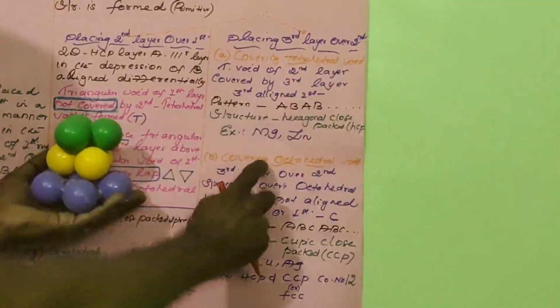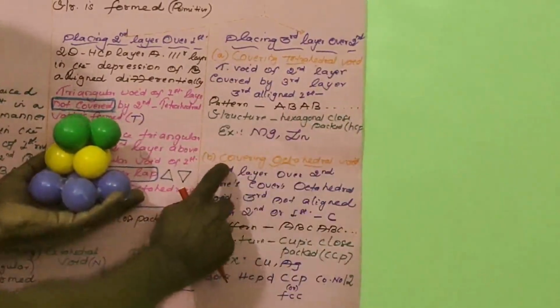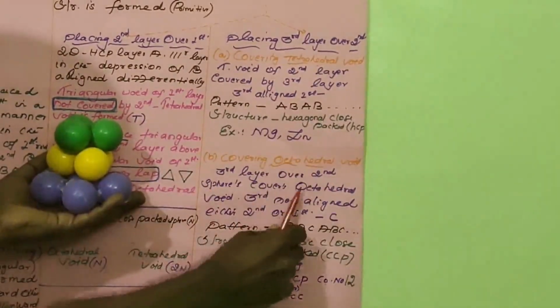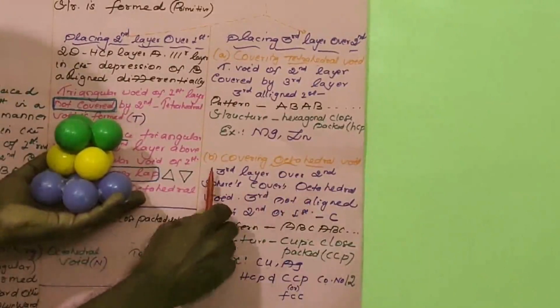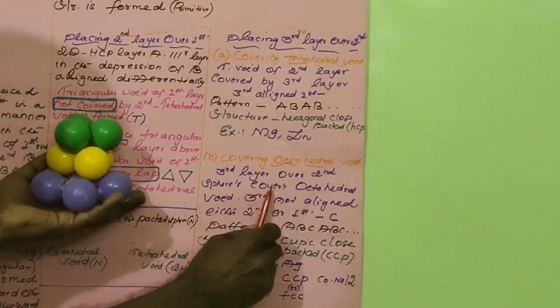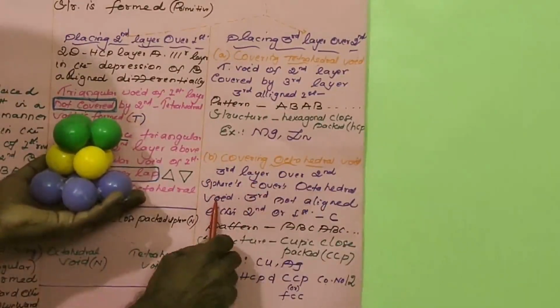Then the other category: the first one is covering tetrahedral void, here it is covering octahedral void. That is, third layer over second layer spheres covers the octahedral void.